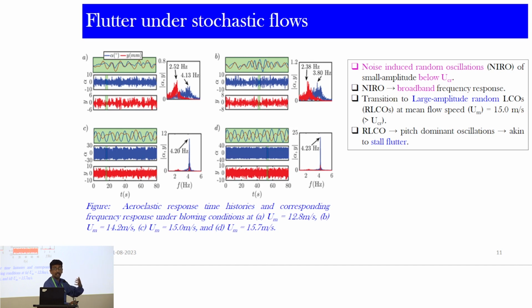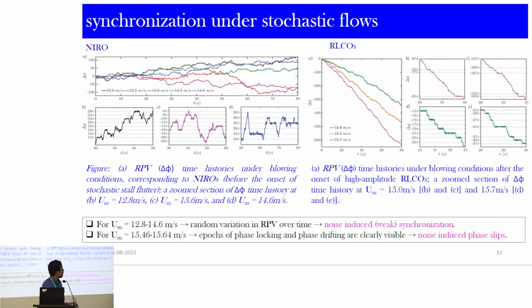So you have an alternating dynamics here, and what we note is that when we have these transitions, where you have noise-induced intermittency, or what we call noise-induced random oscillations, to a seemingly stochastic stall flutter, we have phase synchronizations which are really interesting.